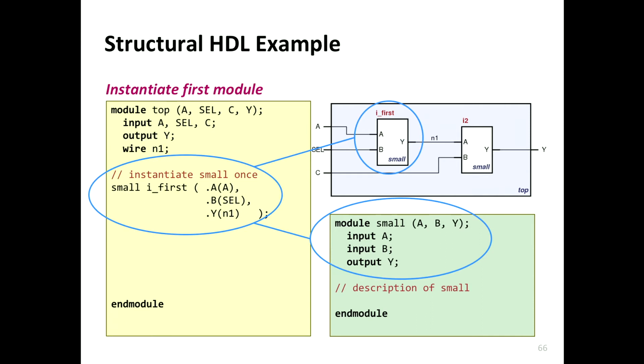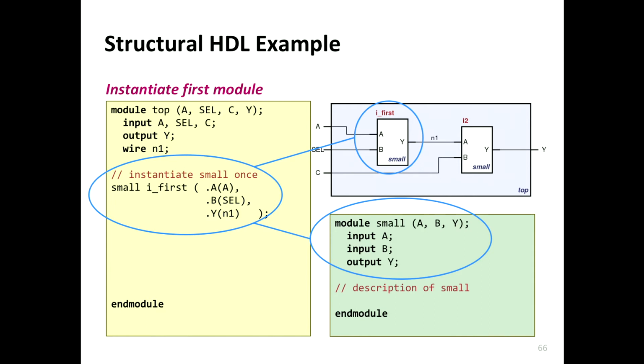Now we have to instantiate this small module into the top module. So you instantiate small once. You call the module name by its original name, and then you give the instance name, I first. You can give anything you want, it doesn't matter.